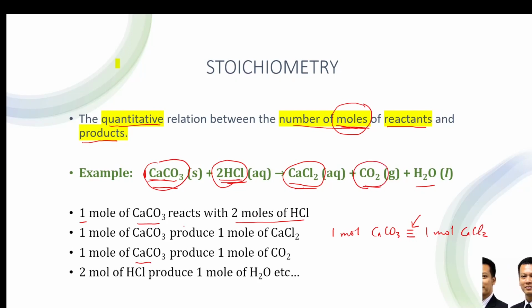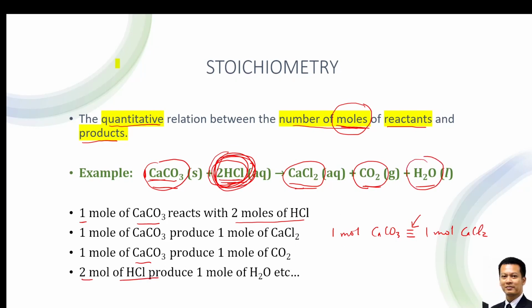If we want to use HCl as the relationship, 2 mole of HCl produce 1 mole of H2O, and so on. 2 mole of HCl also can form 1 mole of CaCl2, and 2 mole of HCl also produce 1 mole of CO2.